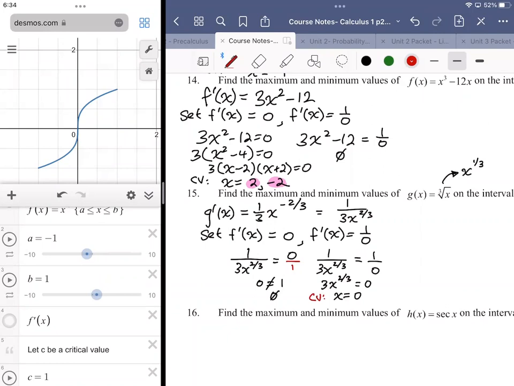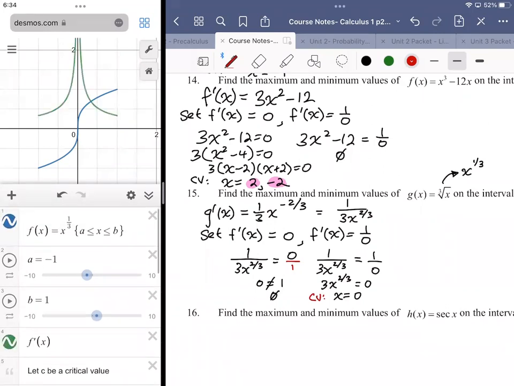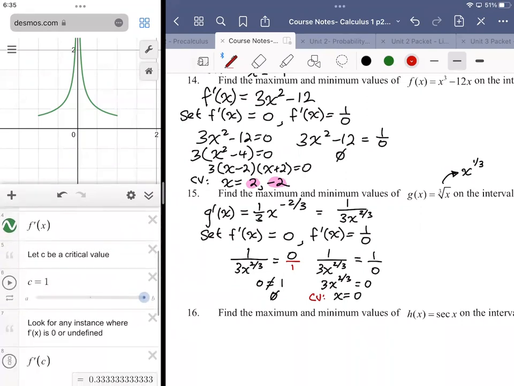So I could turn my derivative function back on and actually just look at that. It doesn't look like it ever crosses the x-axis. So there's no instance where we would have a derivative function equal to 0.